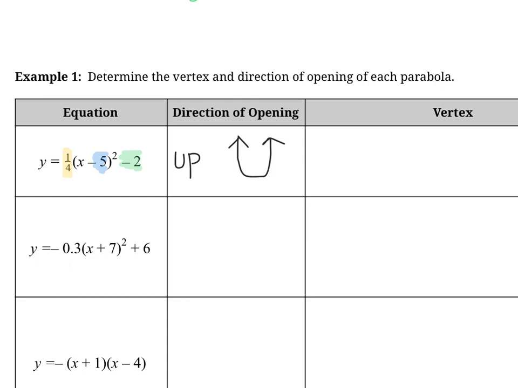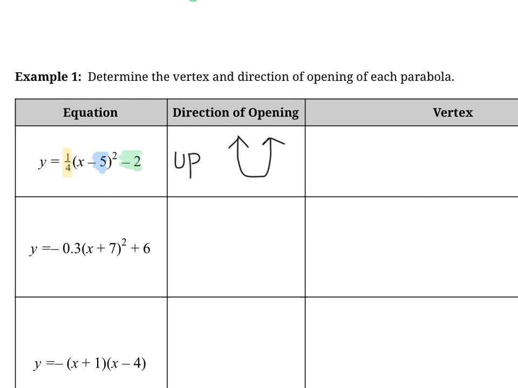So remember our rule that if you are reading your H value, you need to read it as the opposite of what you are actually seeing. So when I look at my equation, visually, it looks like my H value is negative 5, but we're going to record it as the opposite. So we're not going to write down negative 5, but instead we're going to write down positive 5.